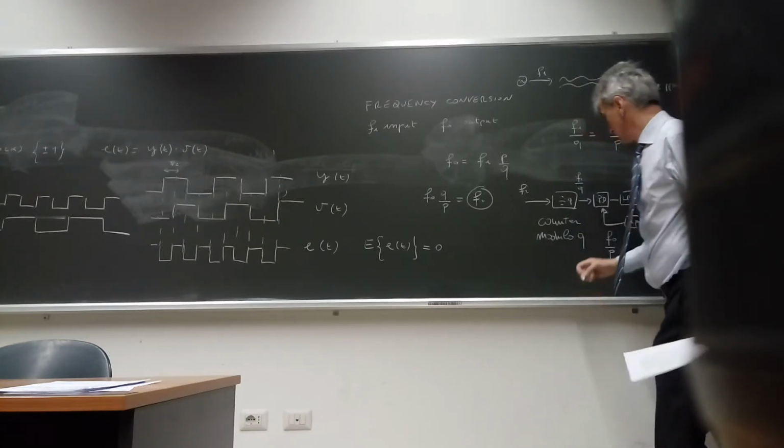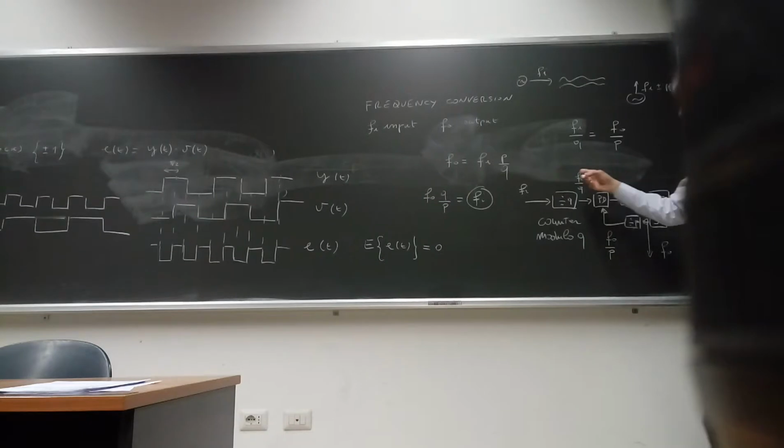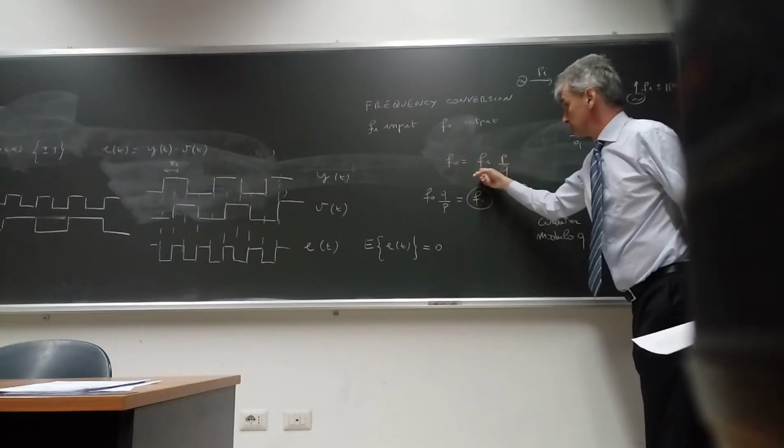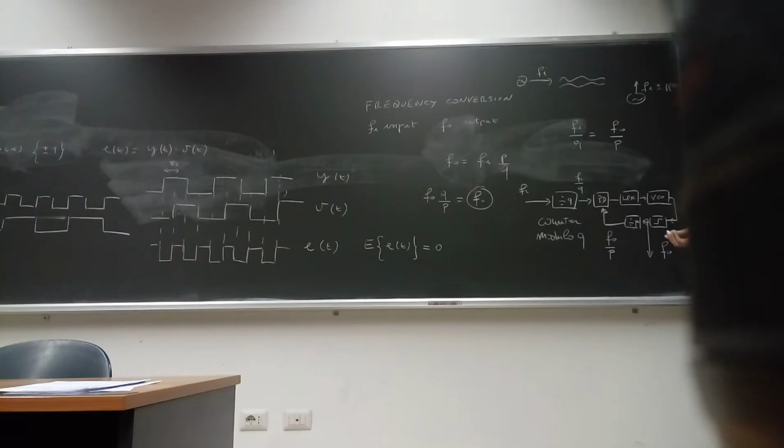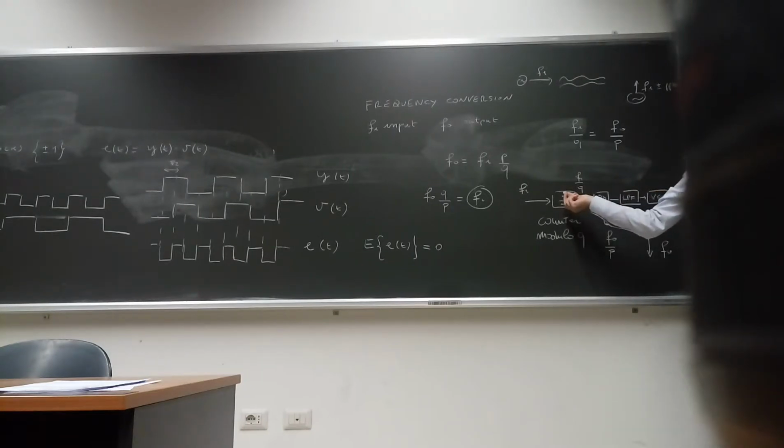Okay? In this case, you have a mathematical relation. There are no ppm of difference between these two. Why? Because this oscillator is not a local oscillator. It is a controlled oscillator, and it is controlled from the input. And so you have exactly synchronism between the two.